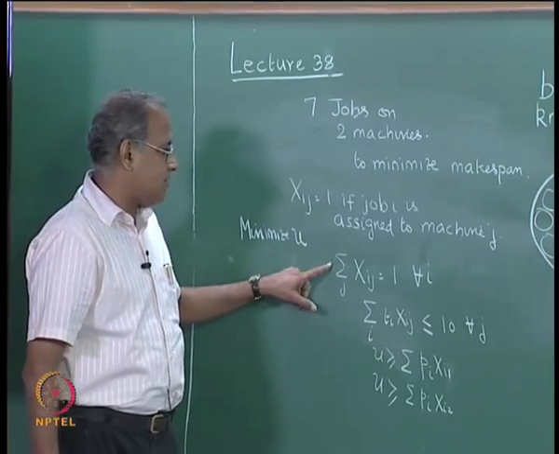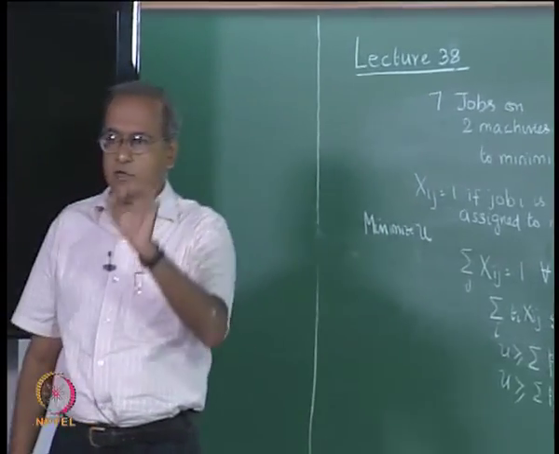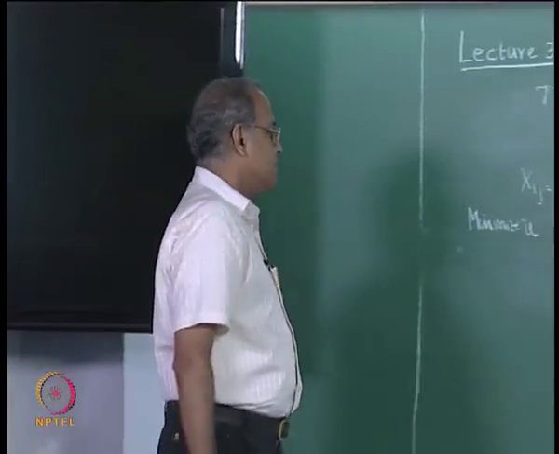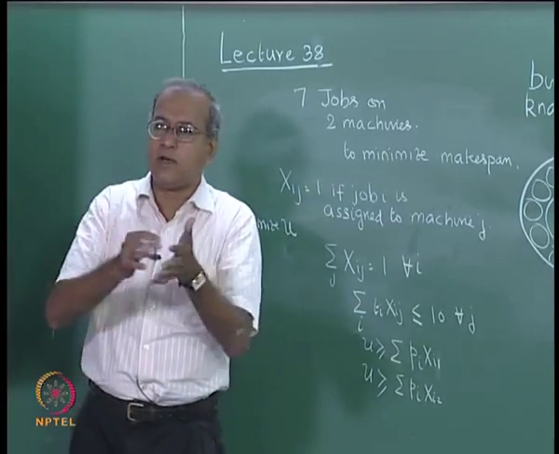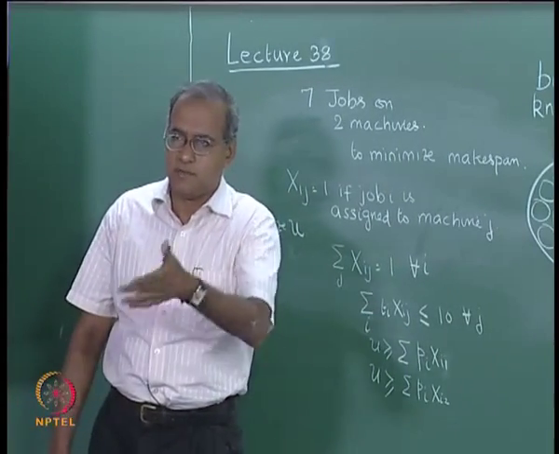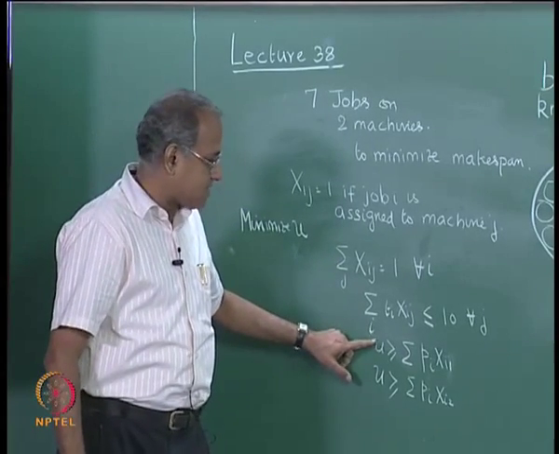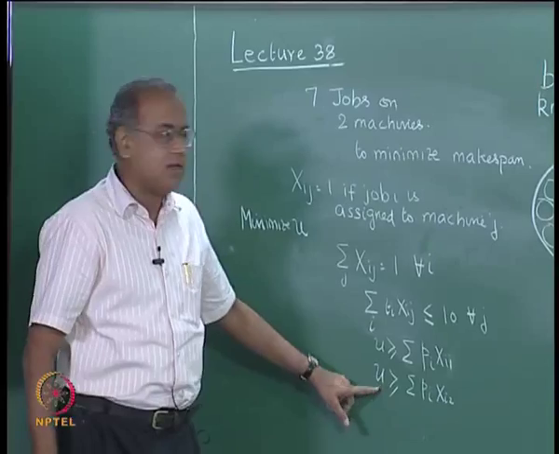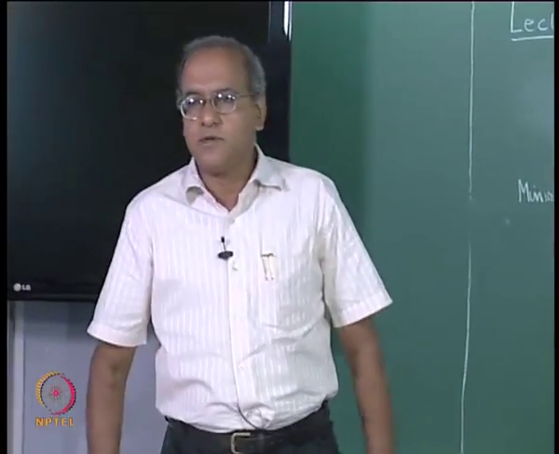So this will have 7 constraints that make sure that each job is assigned to one machine. This has 2 constraints to ensure that the tool requirement on each machine is met. This is one constraint, this is one constraint, and the objective function is to minimize U. So we can solve this.